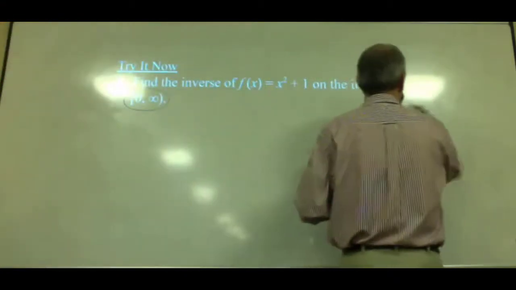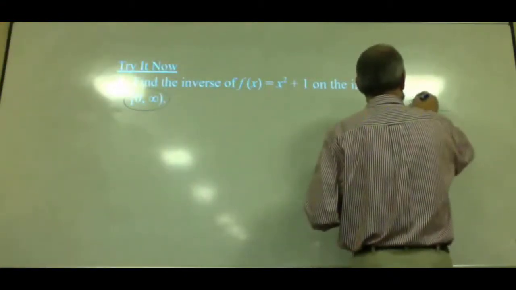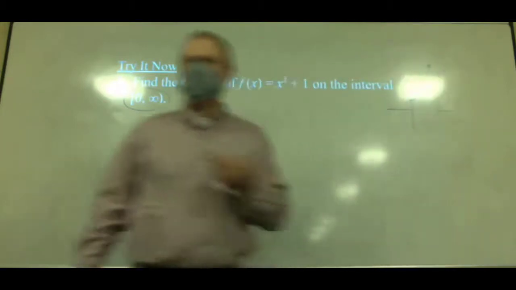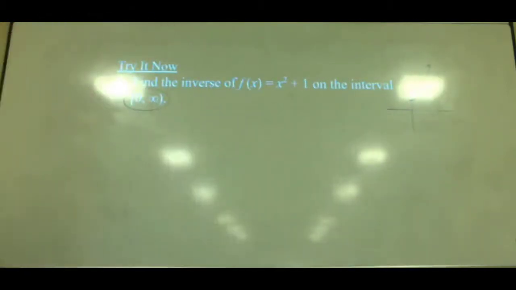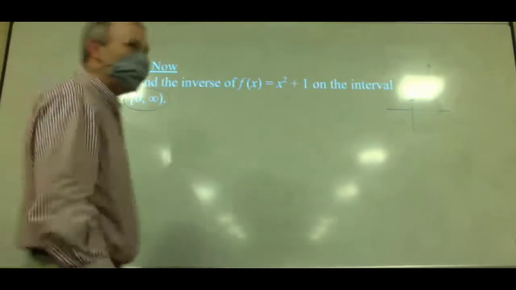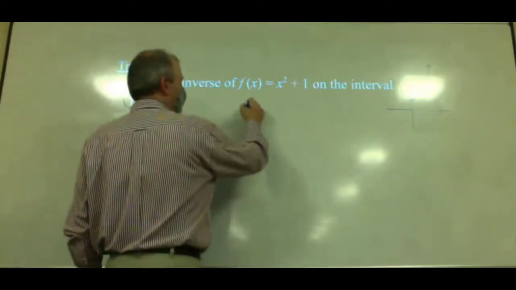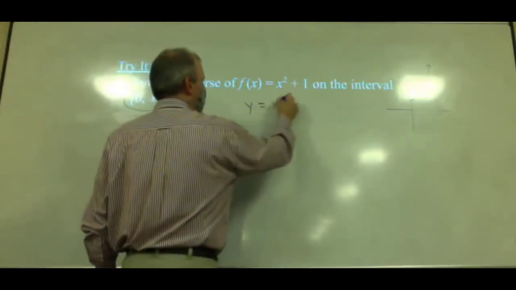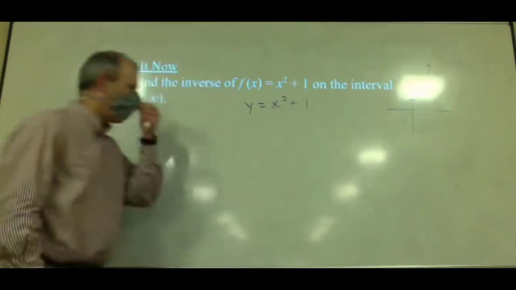So what this parabola looks like now is only half a parabola. It only looks like this, and so now it has an inverse. That's the little trick they play. We can still do it, we're just only going to look at part of the graph. All right, what's our first step? Right, y equals x squared plus 1.